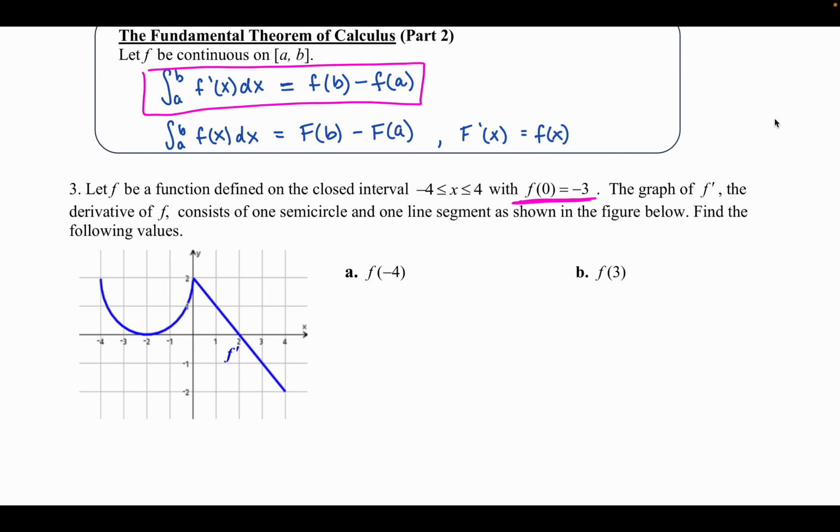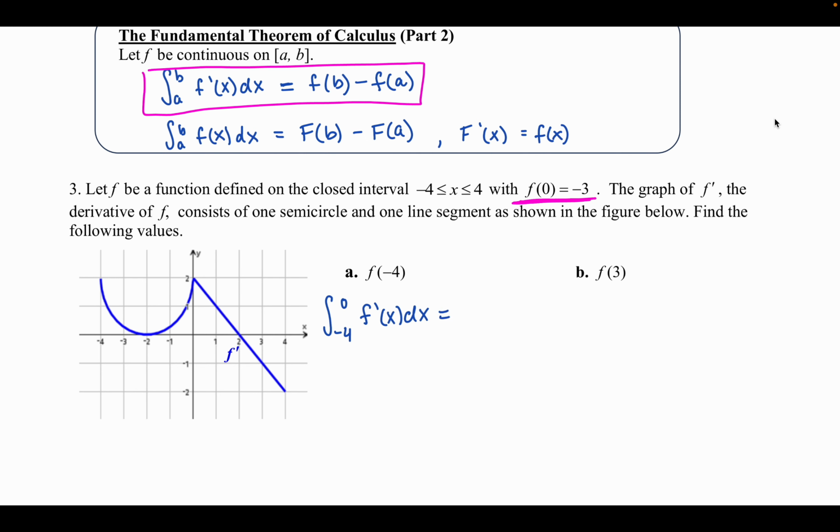What we're going to do is set up an integral from -4 to 0. We want to start with the lower number first as our left bound, of f prime of x dx.